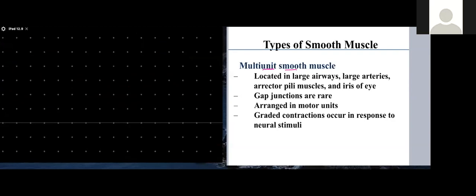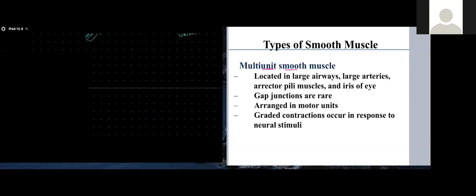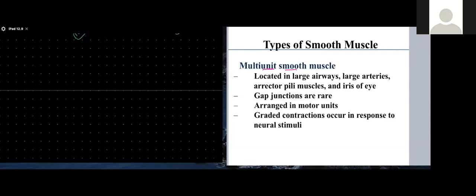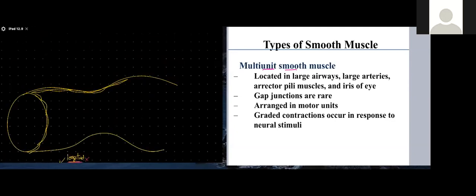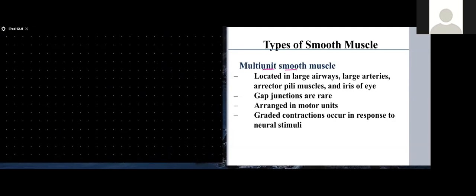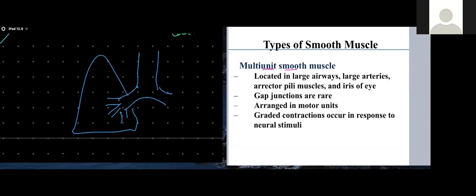Same concept with airflow. If this is your trachea, like this is your airways, bronchi, bronchioles, and this is your lung. In the wall of the bronchi, you're going to have smooth muscles.